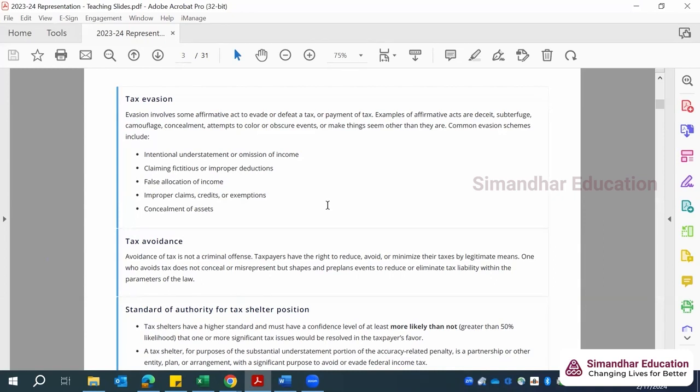So let's say you are in a position to buy machinery today where the tax rate is 30%, and you know that next year the tax rate is going to go down to 20%. Which year would you like to accelerate your expenses? Obviously, in the year where you have more taxes.